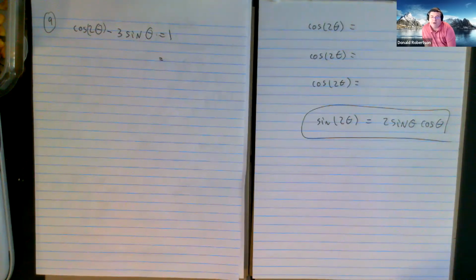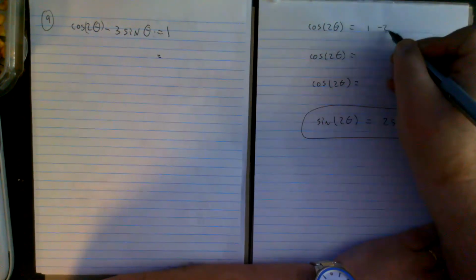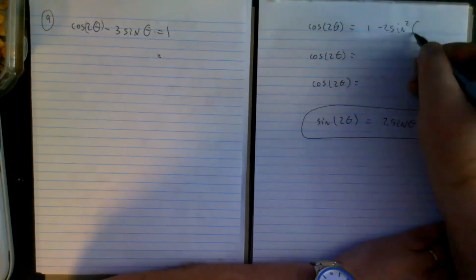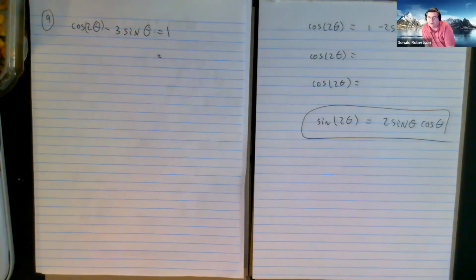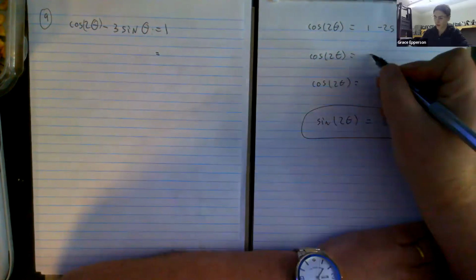Does anybody know any one of the 3 versions for the cosine of 2 theta? 1 minus 2 sine squared theta. 2 more to go. Anybody got one of the others? 2 cosine squared theta minus 1.